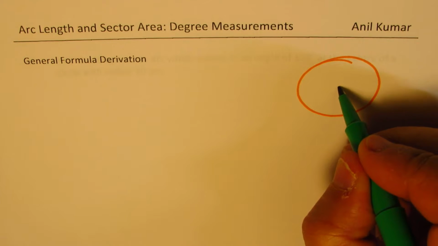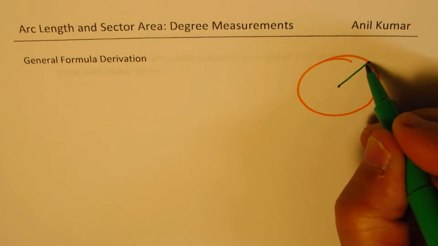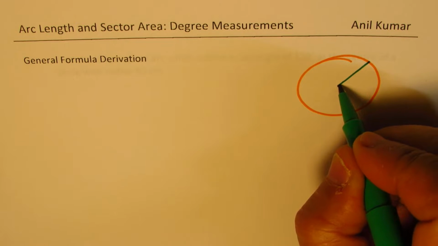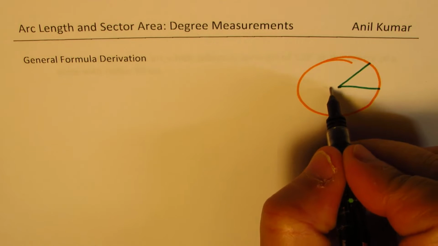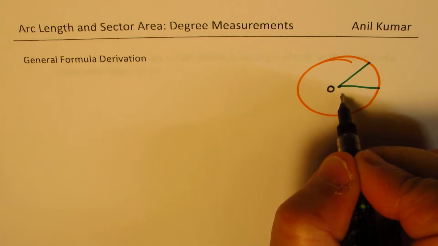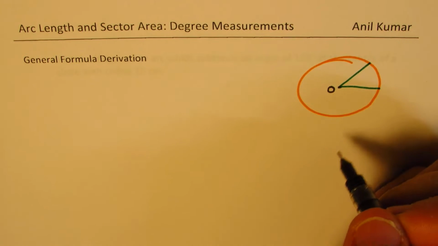Name of the circle is given with the center itself. This is the radius, and that becomes a sector. Do you see that? So we can name this circle, let's say O. So the name of the circle becomes O, which is the name of the center itself.